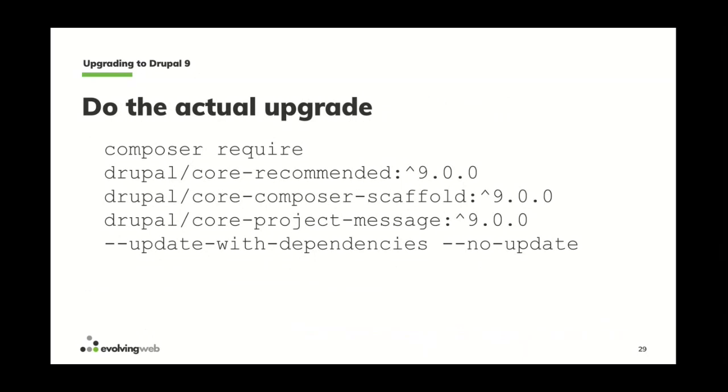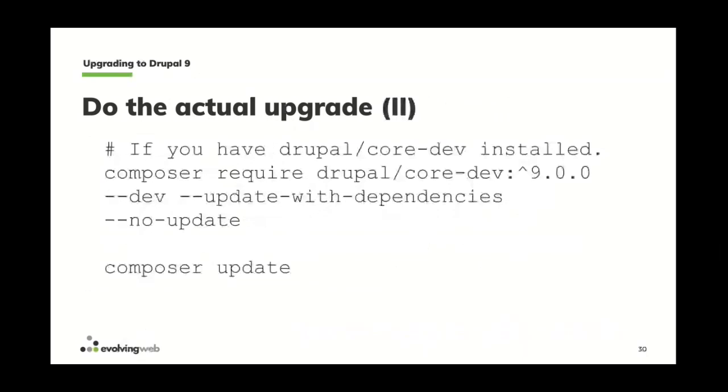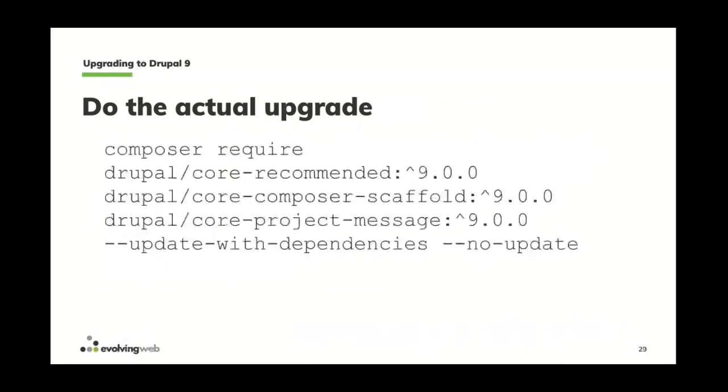Why? Because if you are using core dev package like this, you need to run another command. So once you run both commands, they want to upgrade the base stuff and they want to upgrade the dev stuff. Now you can run composer update.